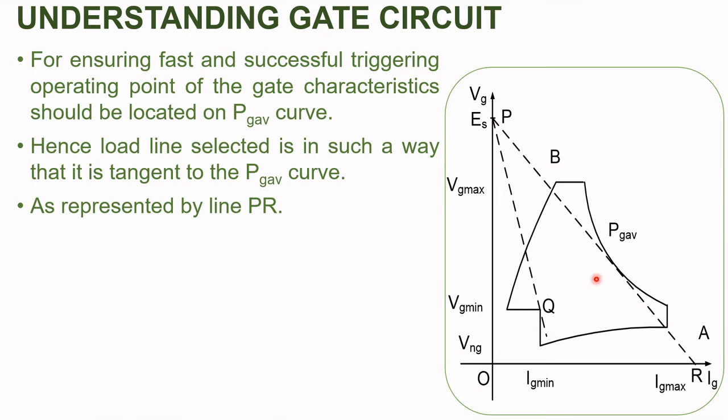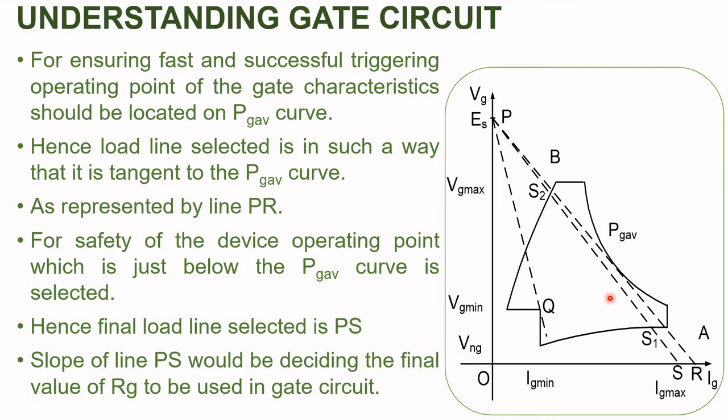Hence, the triggering operation will be fast and it will be successful. Thus, we select the load line in such a way that the line acts as a tangent to this PG average curve. The line is represented by line PR.